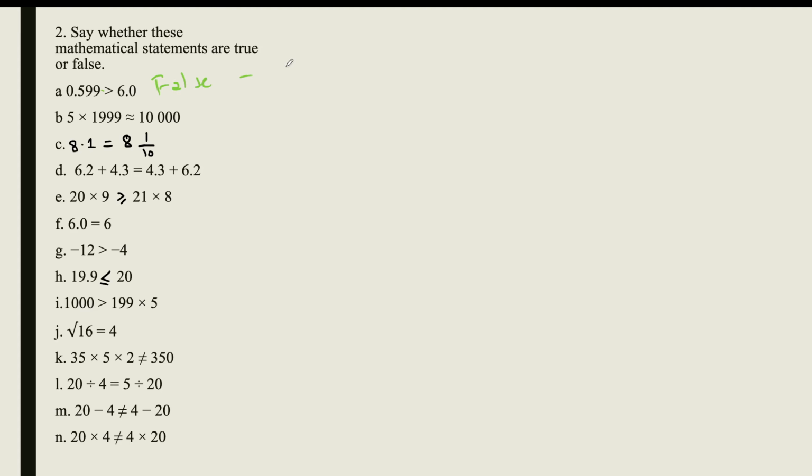Why? Because 0.599 is less than 6. If we take a number line and here this is 0, on this side we have negative numbers, and on this side we have positive numbers.